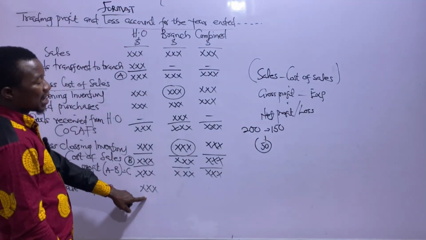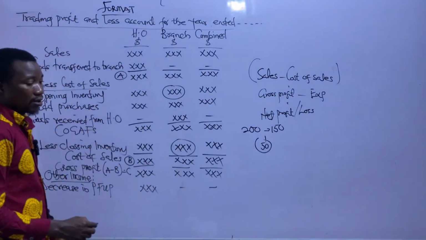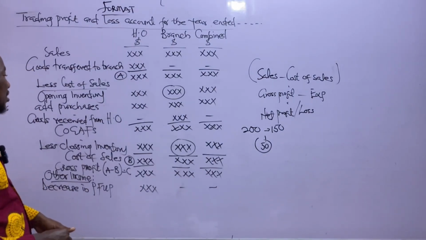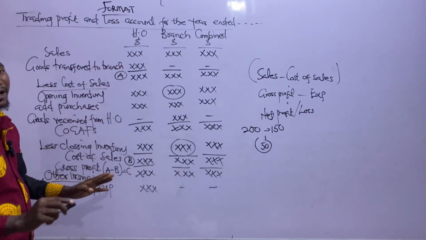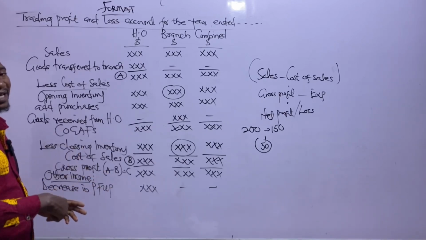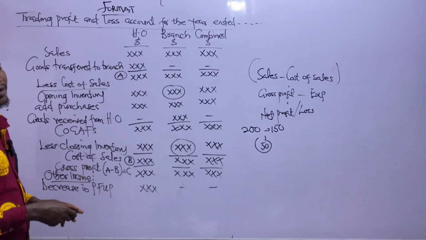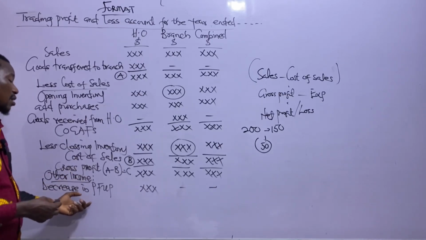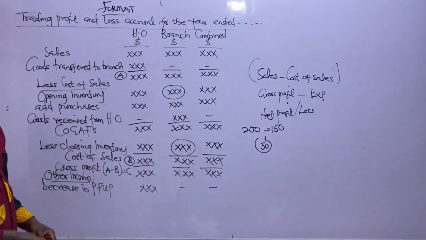And this does not affect the branch, neither the combined, because it is unrealized profit, a profit that the head office needs to make, but the head office did not. And the head office has made an initial provision for that. So if there is a decrease in provision for unrealized profits, which we consider as an income, it is supposed to affect only the head office.